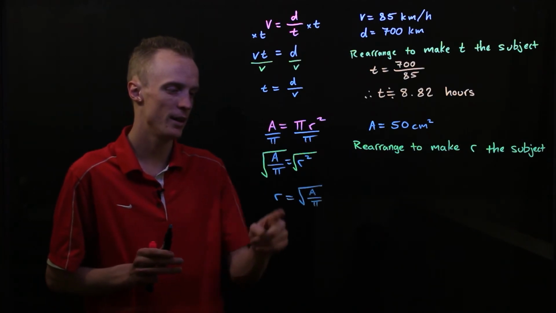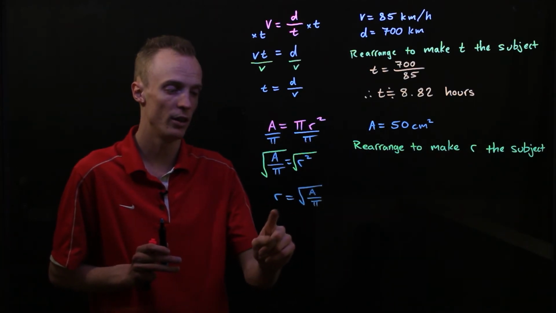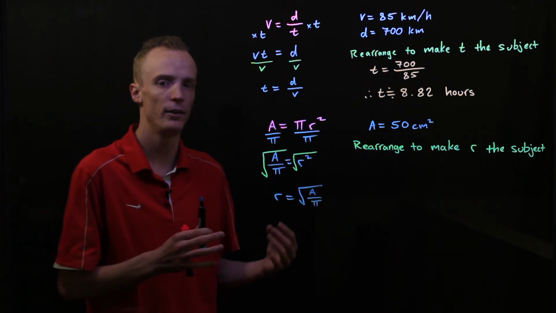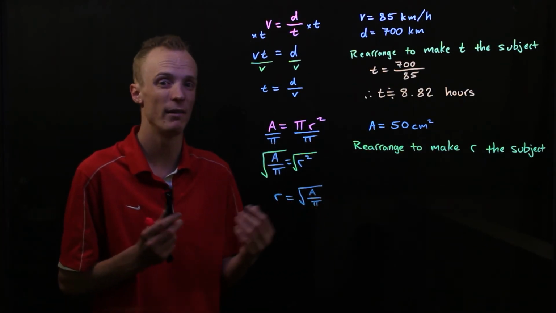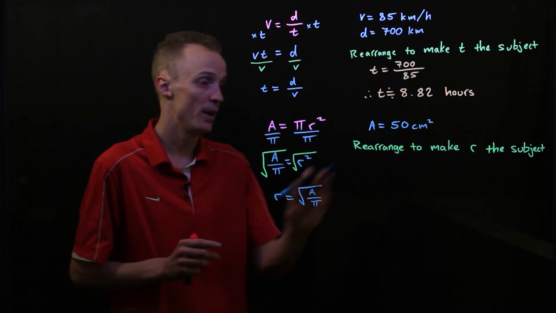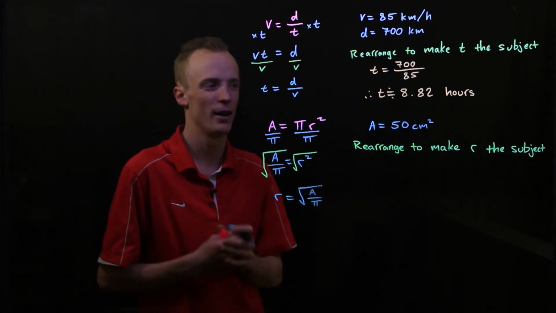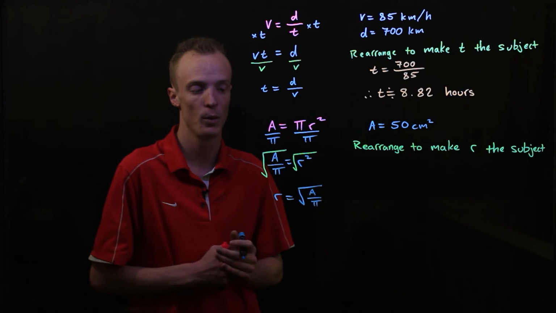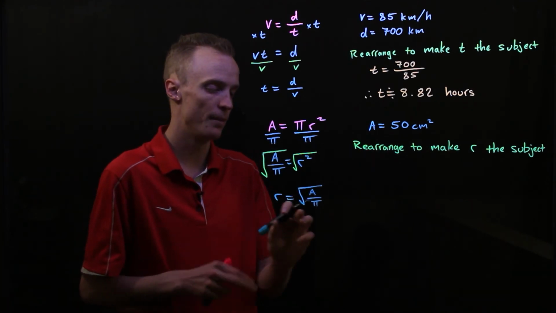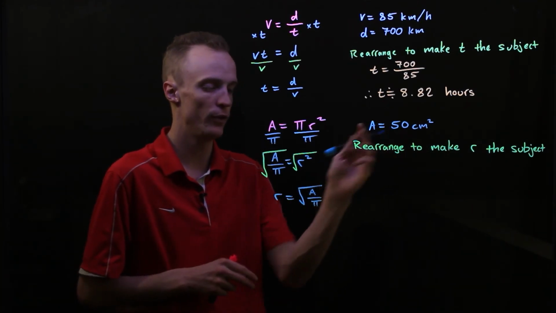And this has now created an equation that I can use to quickly find the radius of a circle for whatever area I'm wanting to find it for. But in my question, I wanted to find the radius for when the area was 50 centimeters squared. So to do that, I'll just need to substitute my A of 50.